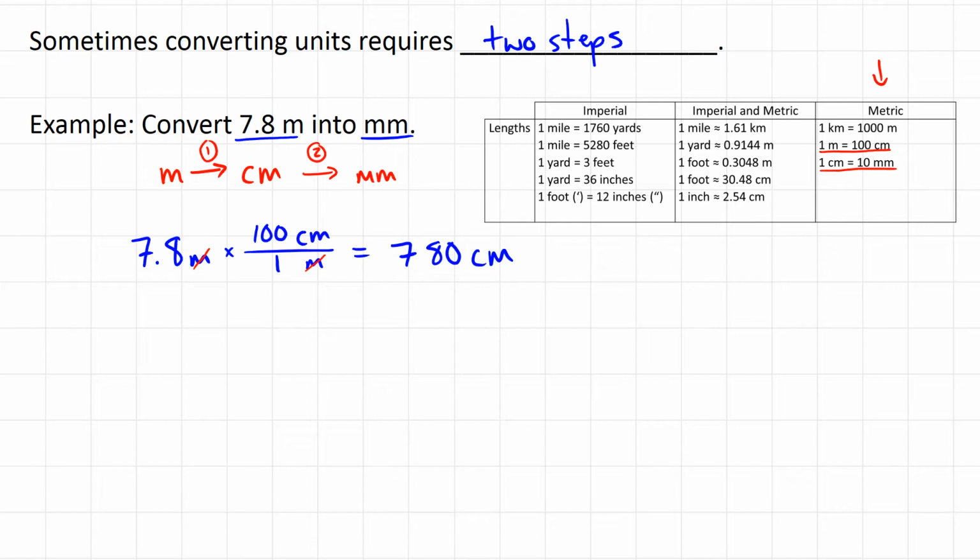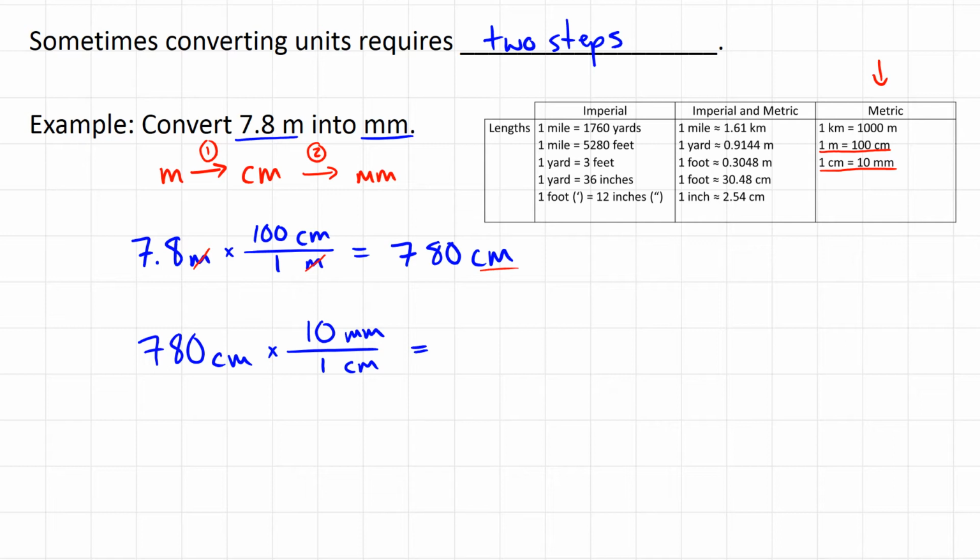So now we've got our measurement in centimeters, but centimeters are not the units we want. The units we want are millimeters in the end. So now we're going to do another conversion with 780 centimeters times a second fraction that gets us from centimeters and into millimeters. And going back to the table, we see that there's 10 millimeters for every 1 centimeter.